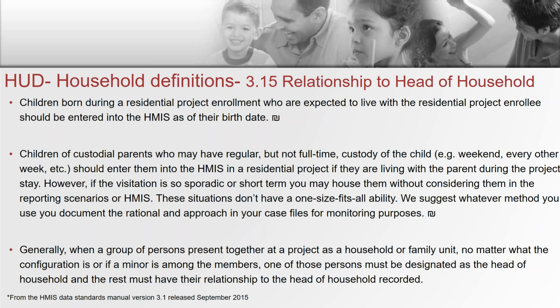You don't necessarily need to ask them who's the head of your household, because it's not a question of who do you guys want to be the head of the household? HUD gives us this as a way to report. So we just need to identify someone in that household and then identify who everybody else is to that someone. It's not necessarily something you have to ask, but something you can have a conversation about. I just find that asking it that way, who's the head of your household, can sometimes be interesting.